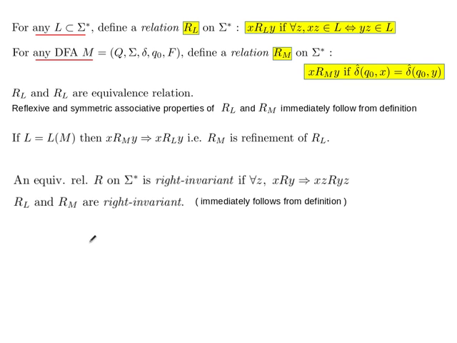Okay, so now we need to just mention this thing. You already perhaps noticed that this RL and RM are equivalence relations, because they satisfy reflexive, symmetric, and transitive properties.